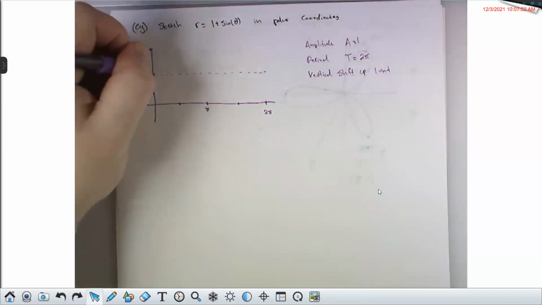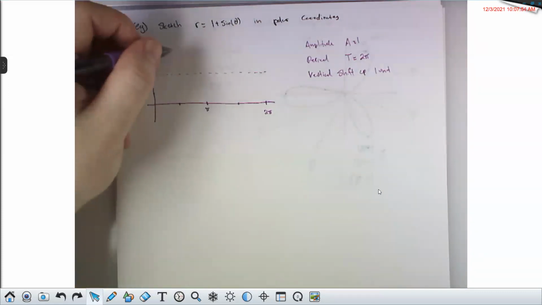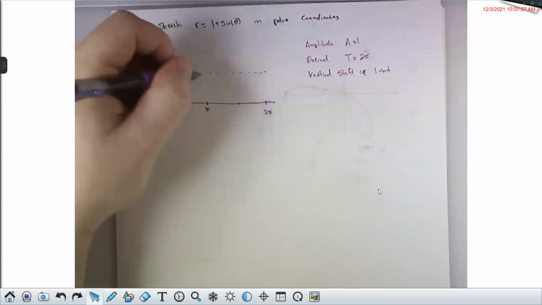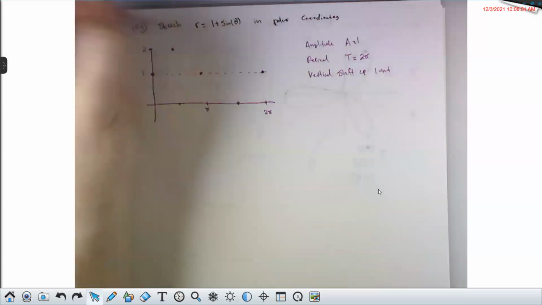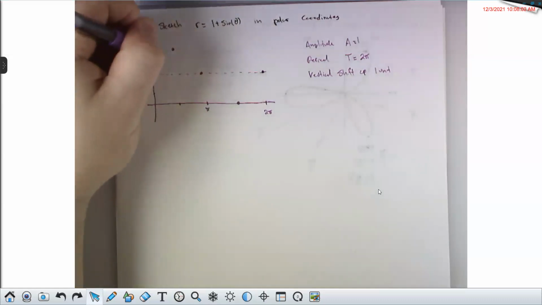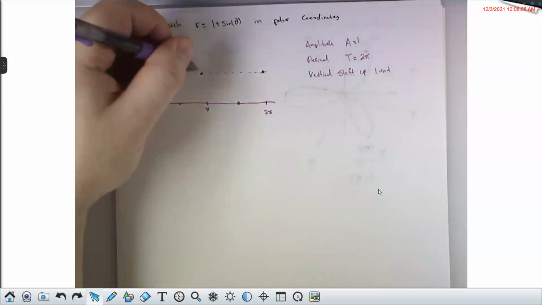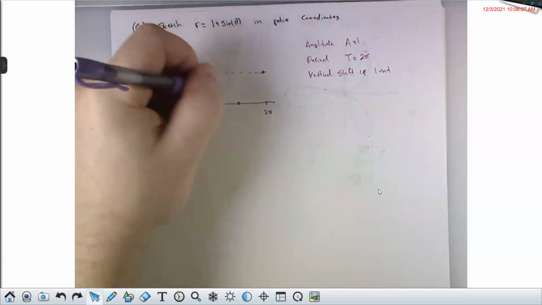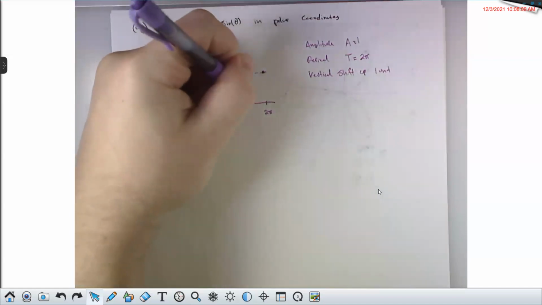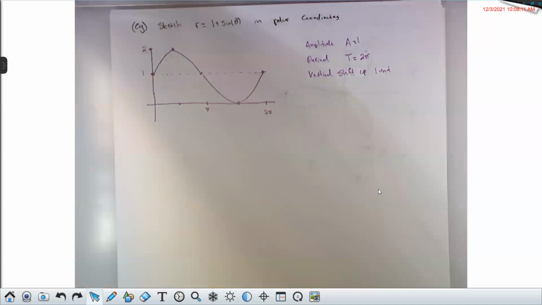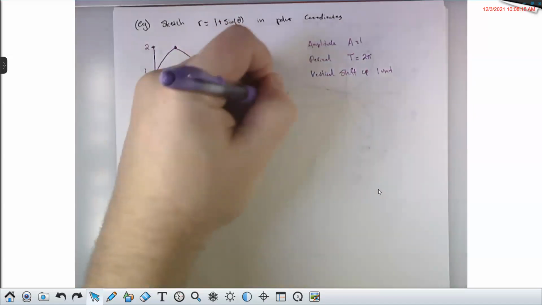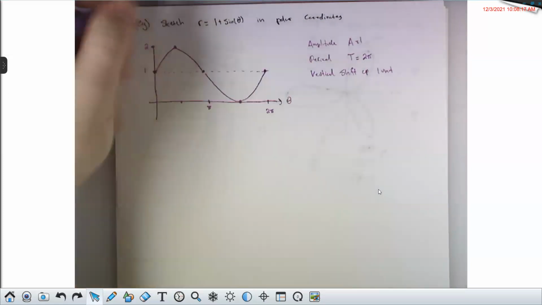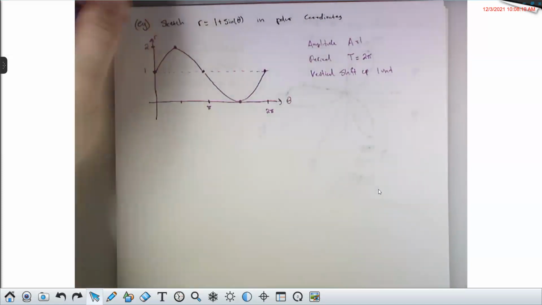You know that sine starts in the middle of its amplitude, increases to our max at the quarter period, comes back through here, min at the 3/4 period, then max again here. So this wave looks like this. Again, this is the theta axis, this is the r axis.